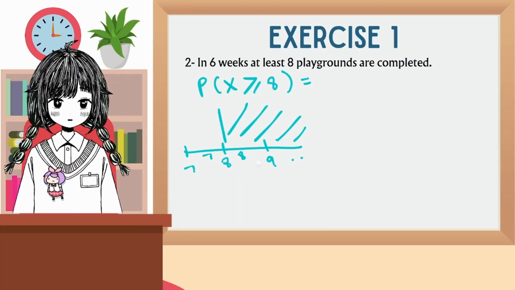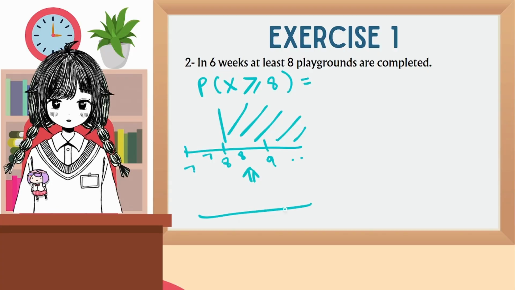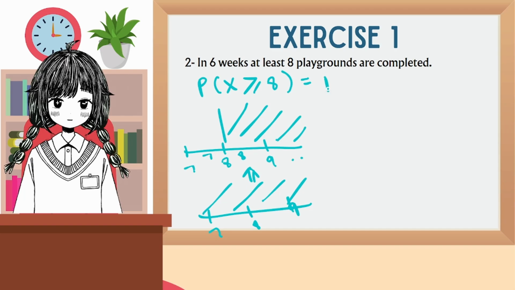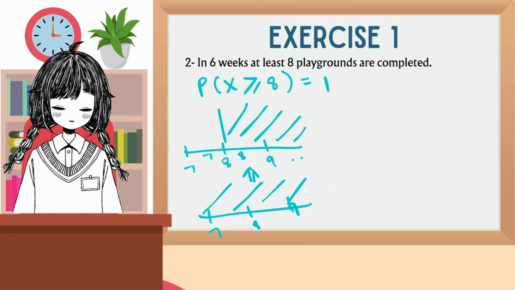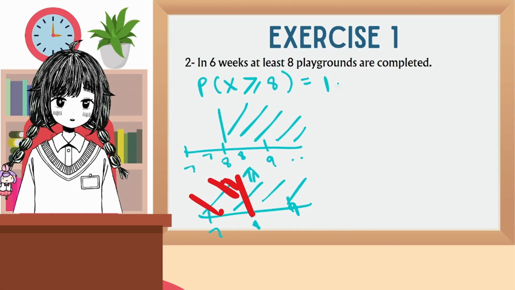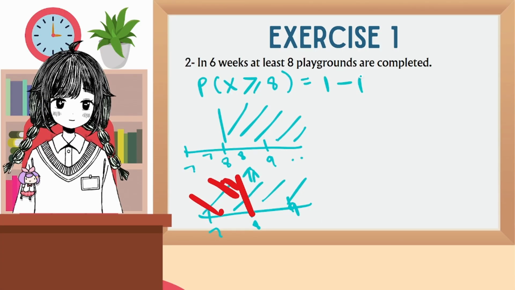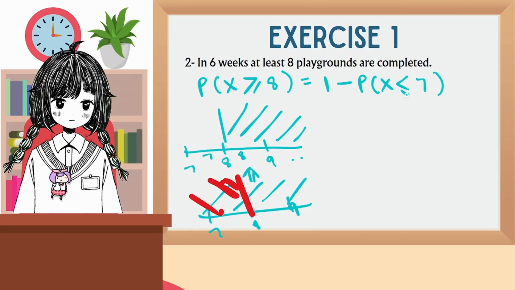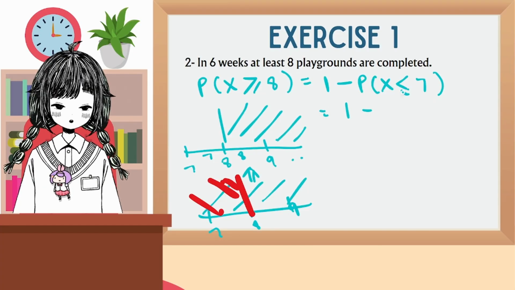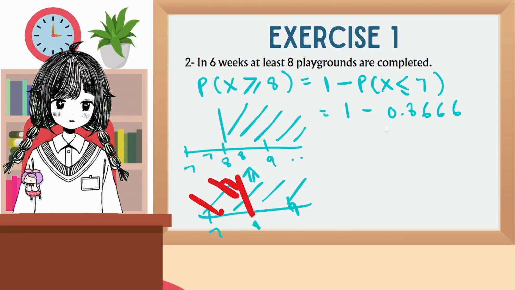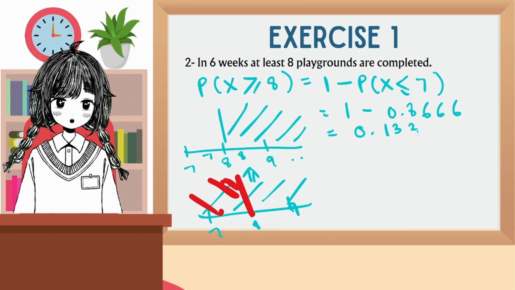So to get this, we take the whole one and then remove the under 8 from the graph. So we get 1 minus P(X ≤ 7). So 1 minus 0.8666 from the stat table, and the final answer is 0.1334.